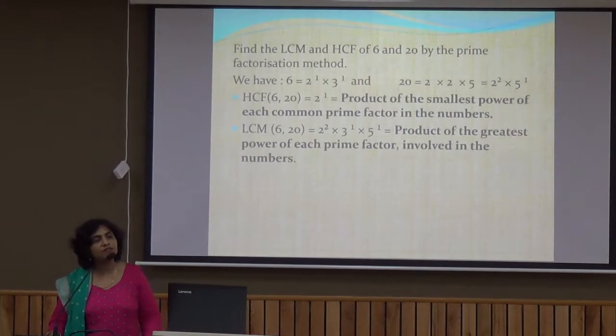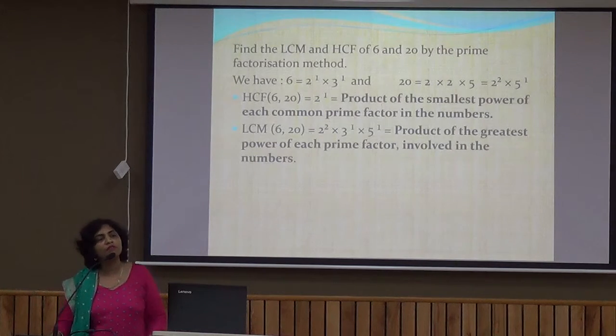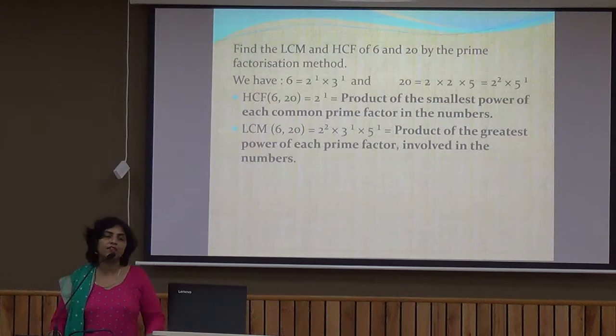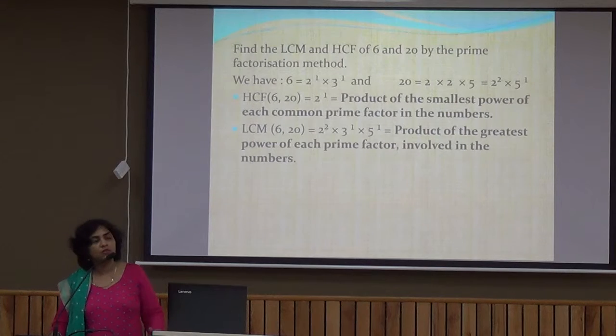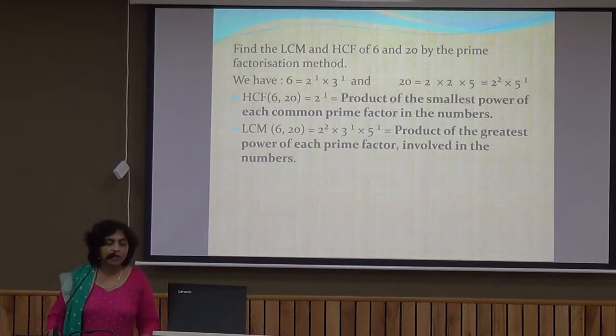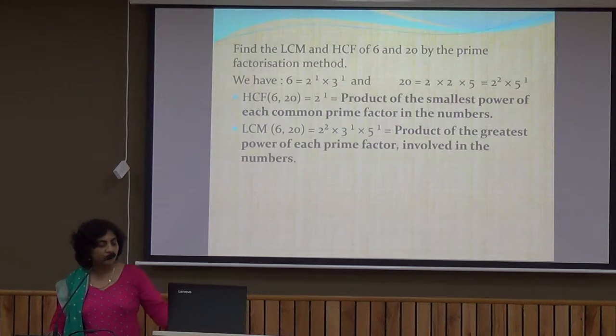So HCF is 2 raised to power 1, or simply 2. Now for LCM, we take all the factors, which are 2, 3 and 5, with their highest powers. So we get 2 raised to power 2 into 3 into 5, and that gives the LCM of 6 and 20.